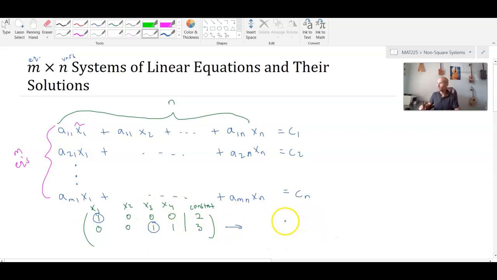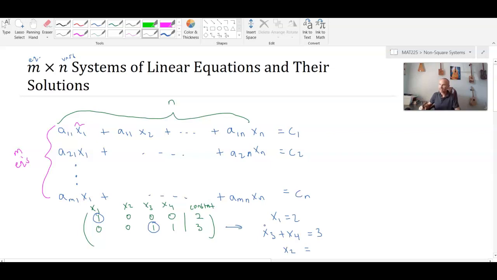The first row says, well, x1 equals 2. Well, there we go. That looks good. The second row says that x3 plus x4 has to equal 3. That's the constraint that we are placing on this system. Now, there's no constraint at all on x2.